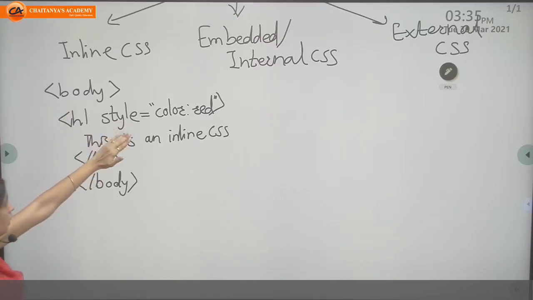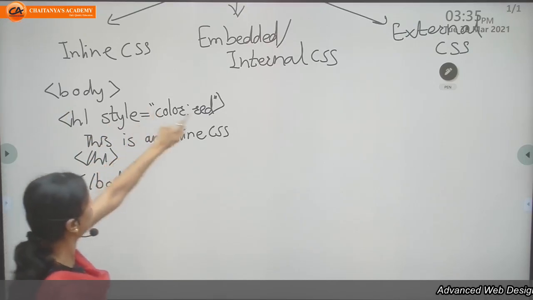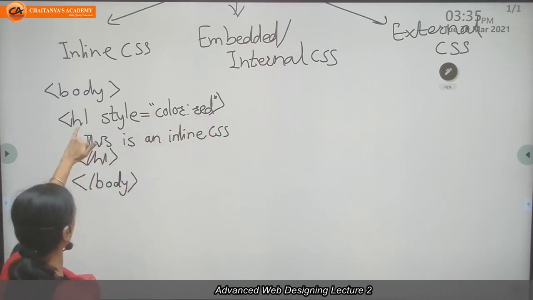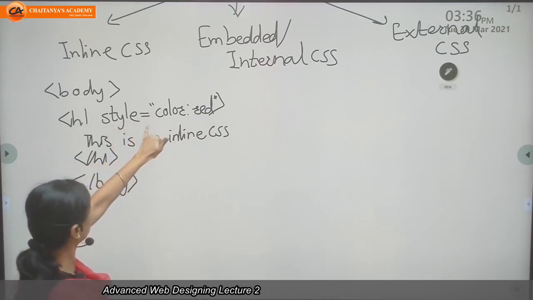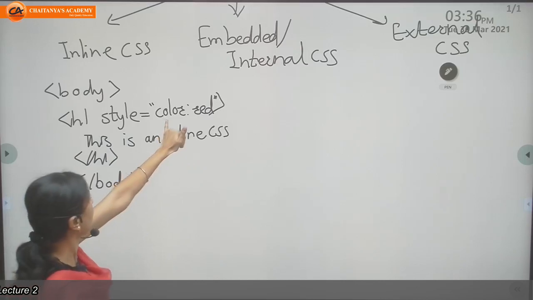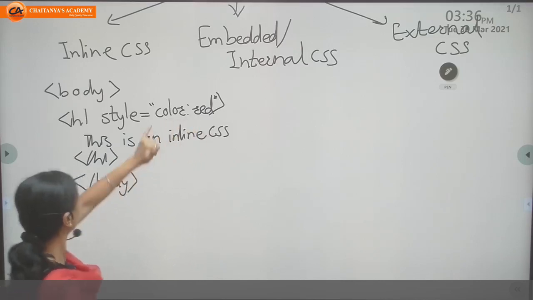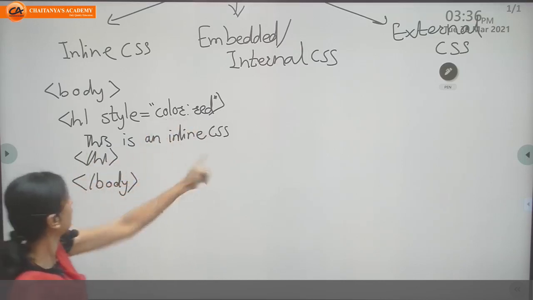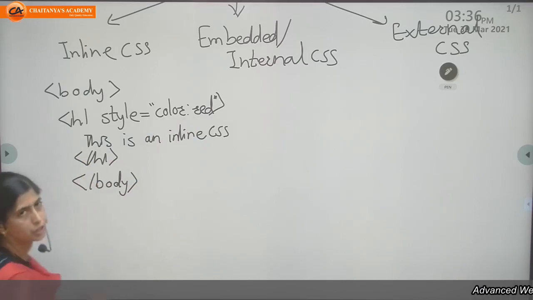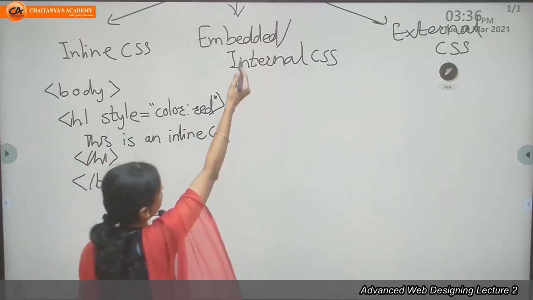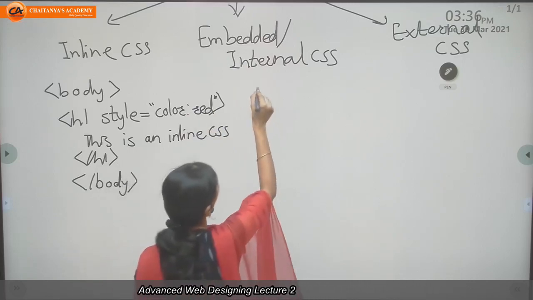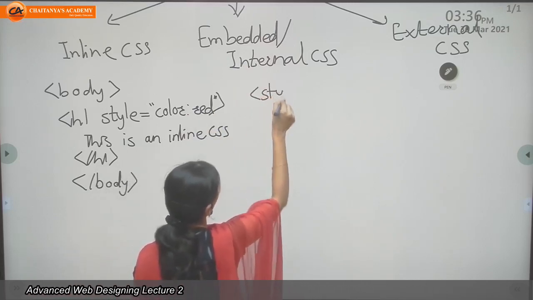I have to use style as an attribute equal to, in double quotes, I can write property and value. This is our selector. This is our attribute. Inside that attribute again I have to write property and value, color red. This is an inline CSS. End of h1, end of body tag, end of HTML tag. In case of embedded or internal CSS, I need to write style as a tag.